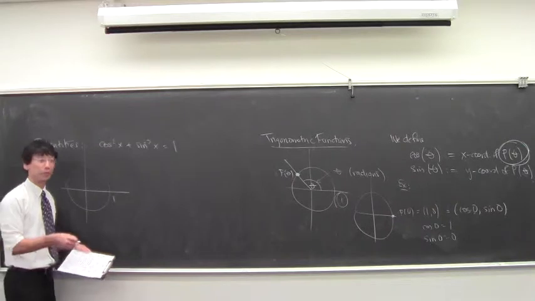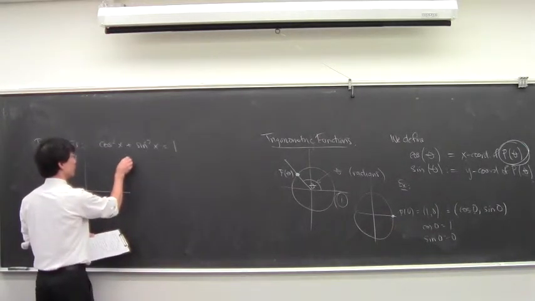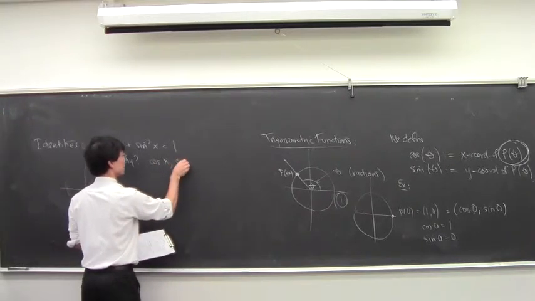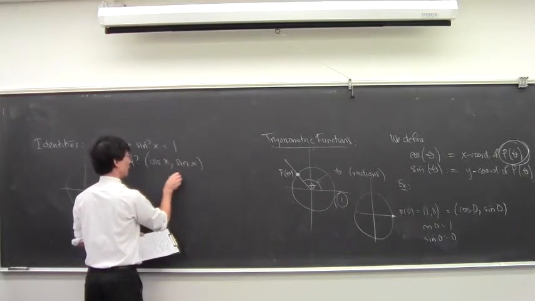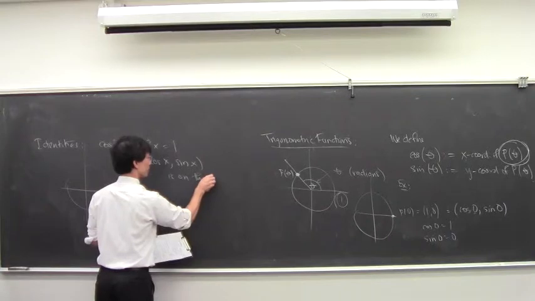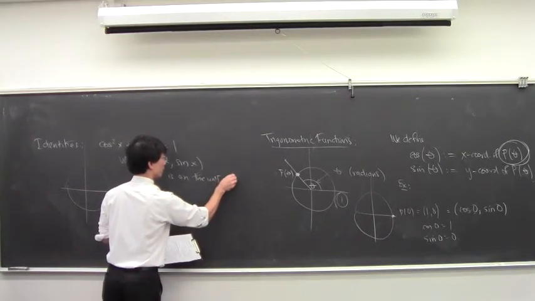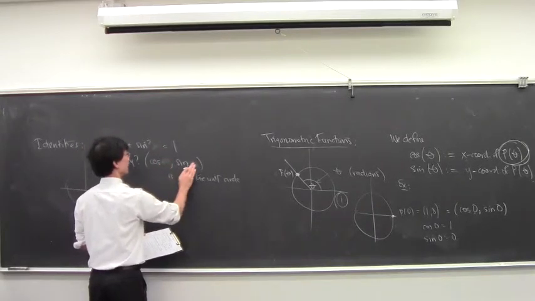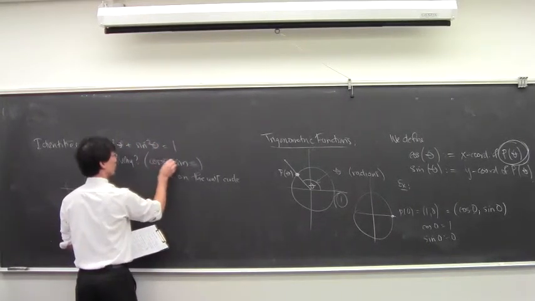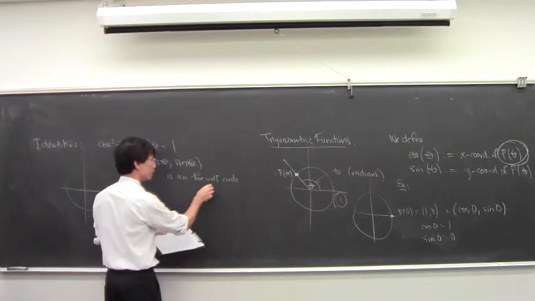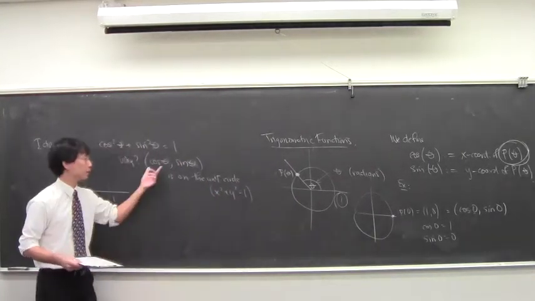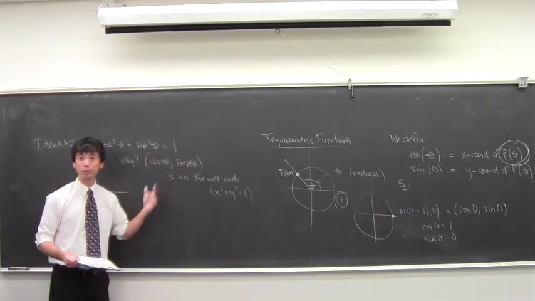Cosine theta, sine theta is on the unit circle, namely x squared plus y squared equals 1.